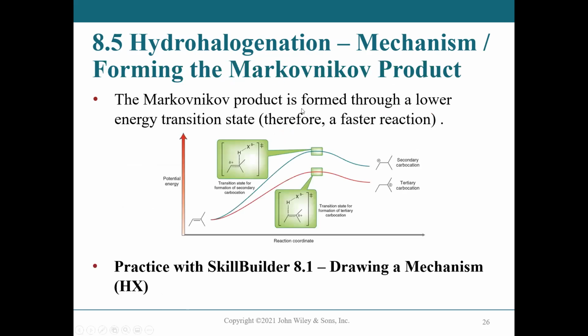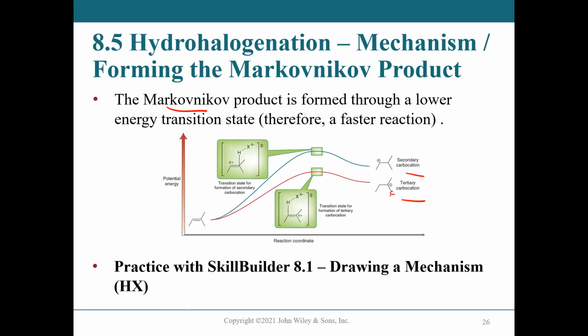The Markovnikov product is formed through a lower energy transition state. And why is that? Why is the Markovnikov a lower energy transition than this one? Well, remember, if you think back, I don't know if it was chapter 5 or 6, we talked about the tertiary carbocation being higher in stability, because that charge is more stable.